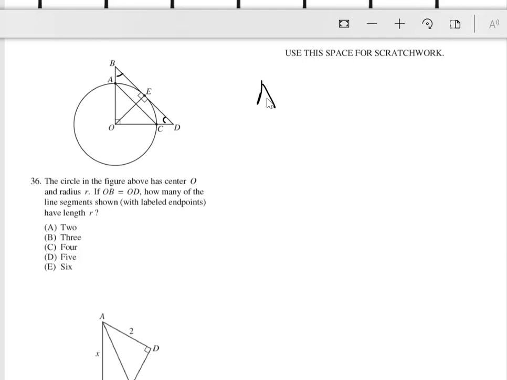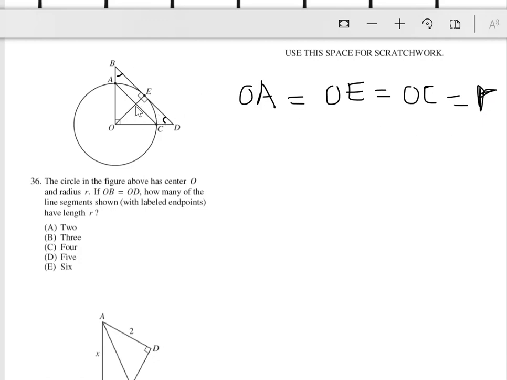So we have A, E, and C, points on the circle. So OA is always equal to OE, and always equal to OC, and these are our three radii, and this is obviously equal to R.